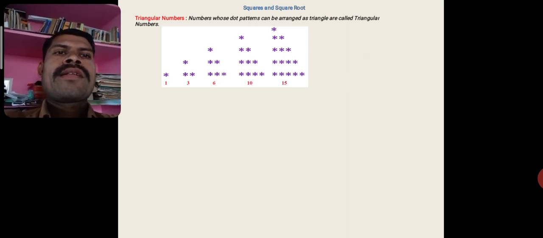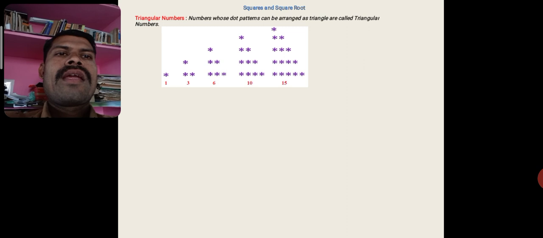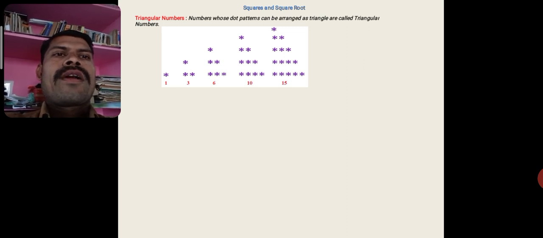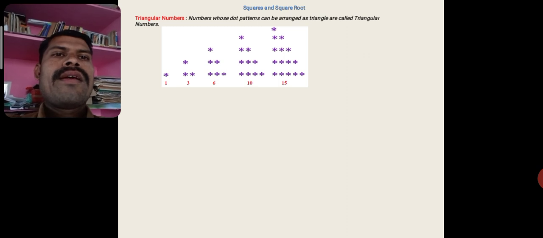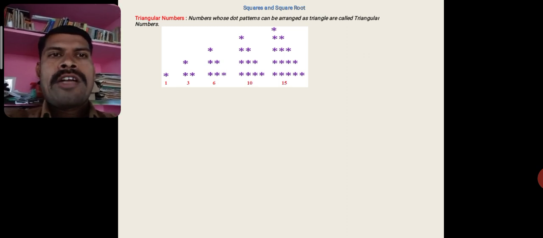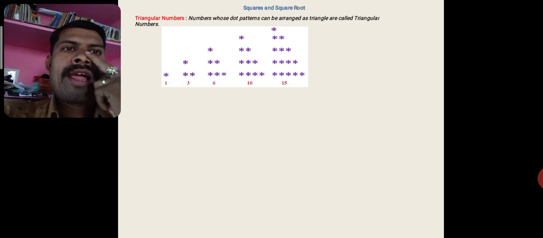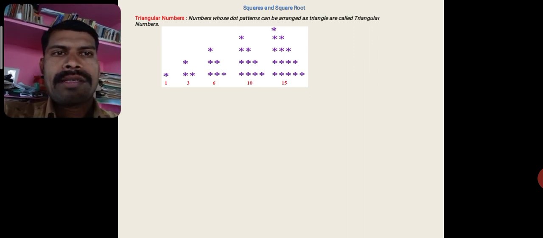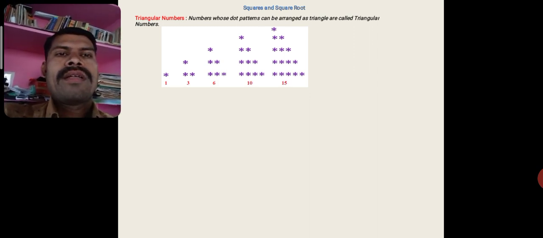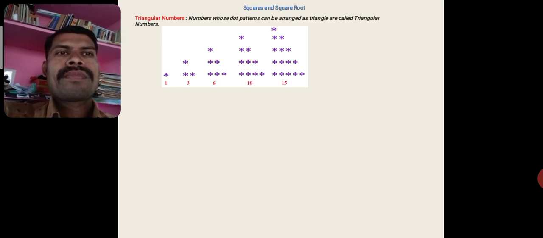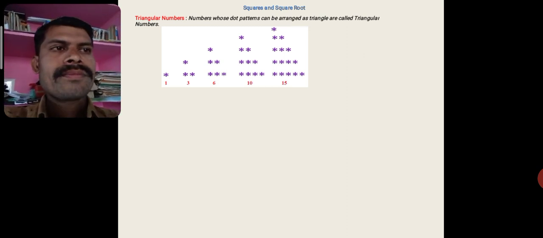In the third pattern, 6. Okay. In the fourth pattern, 10 dots are there. Those are all triangular patterns. The dot pattern seems to be a triangle, no? So such numbers are called triangular numbers. For example, 1, 3, 6, 10, 15. So these are called triangular numbers.